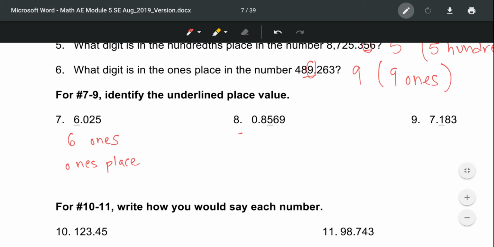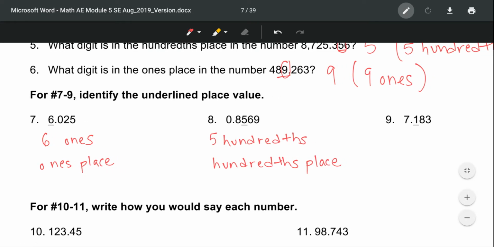So that would be hundredths. So the place value that's underlined would be the hundredths place. Okay, in number 9, the digit right after the decimal point is the tenths place. So this is 1/10. So we're looking at the tenths place.